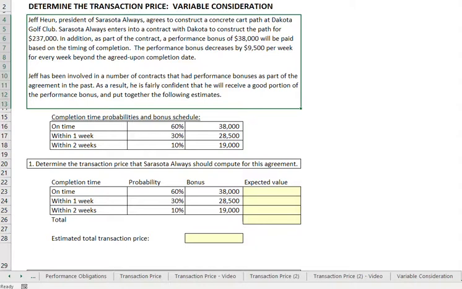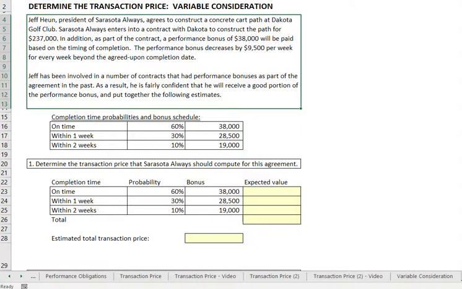Sarasota enters into a contract with Dakota to construct the path for $237,000. In addition, as part of the contract, we've been offered a performance bonus of $38,000 based on the timing of completion. The performance bonus decreases by $9,500 each week for every week beyond the agreed upon completion date.